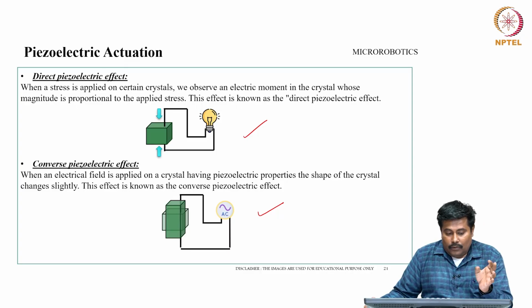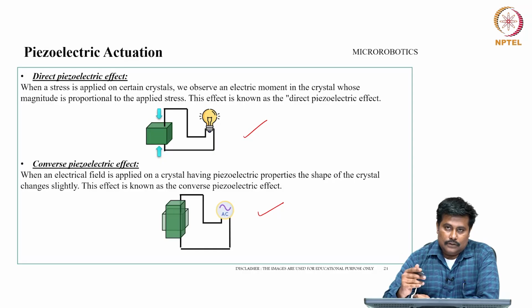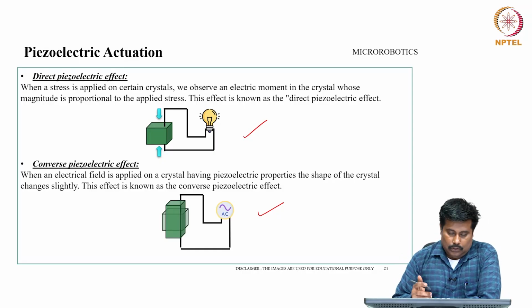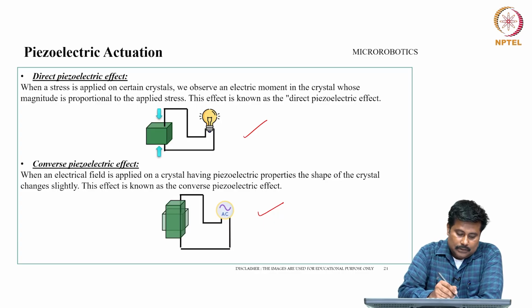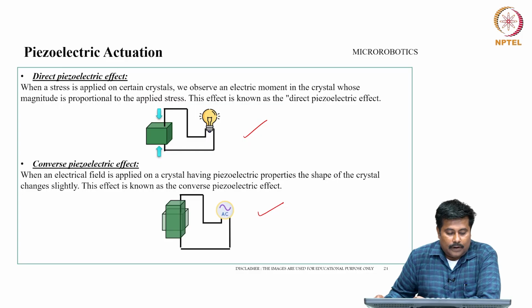So we had a brief discussion about this piezoelectric related thing, some of the key fundamentals with reference to piezo actuation. The piezo actuation is classified into two: one is called the direct piezoelectric effect and the other is called the converse piezoelectric effect. In the case of a direct piezoelectric effect, when a stress is applied on certain crystals, we observe an electric movement in the crystal whose magnitude is proportional to the applied stress.